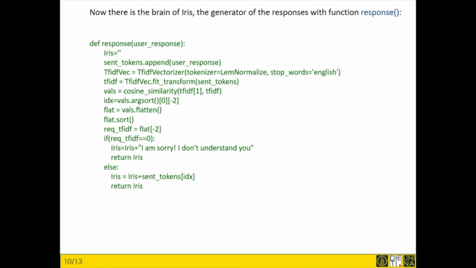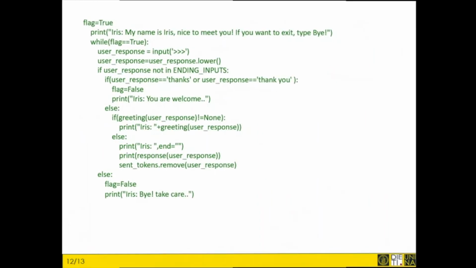I remind you that this element has to be the user request, the response, because it actually is the same sentence. Finally, with the conditional if clause, we check if the coefficient is 0, we assign to the string iris, "Sorry, I don't understand you." If it's not, we assign the send tokens with the highest coefficient.